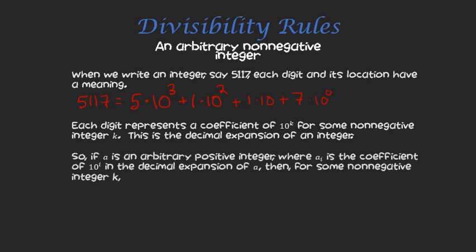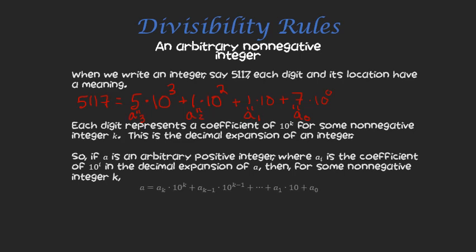So just given an arbitrary positive integer a, we can define these new variables a sub i, where a sub i is the coefficient of 10 to the i for each i in the decimal expansion of a. And so, like up here, this would be a sub 3, a sub 2, a sub 1, a sub 0, those digits.